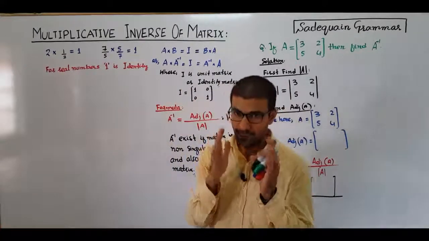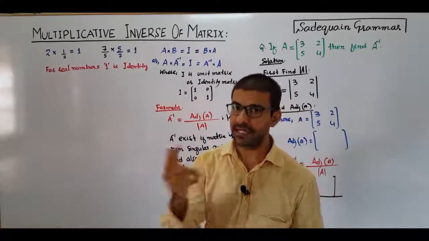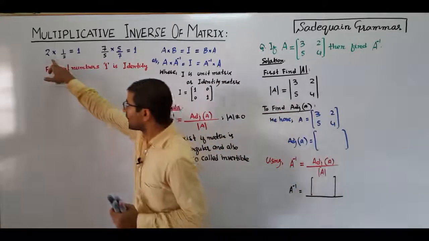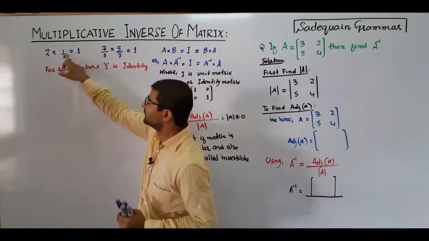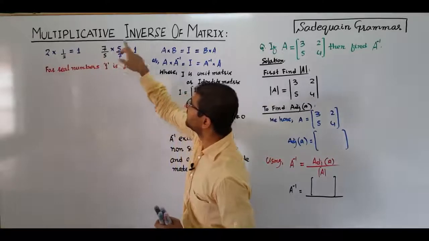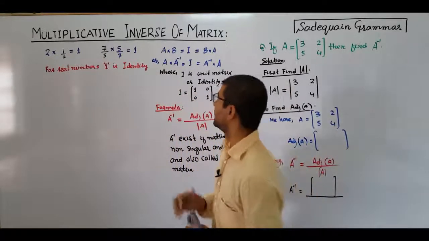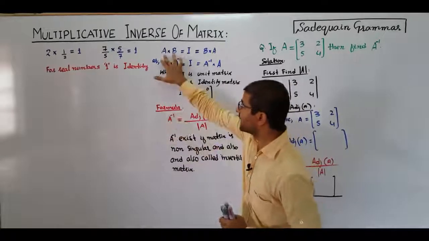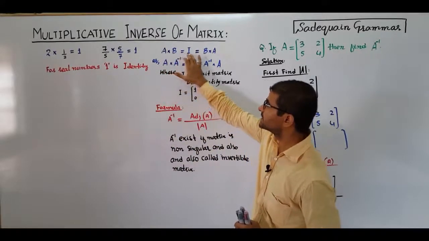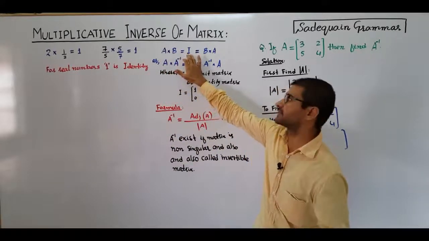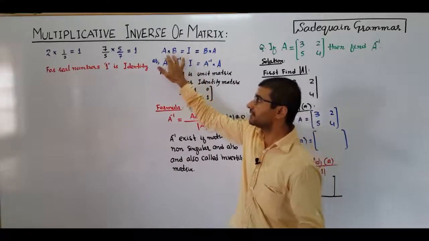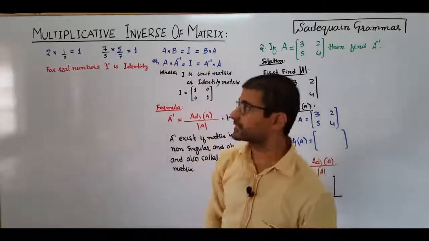Students, if the product of two numbers is equal to 1, then the numbers are called multiplicative inverse of each other in real numbers. In matrices, if the product of two matrices is equal to the identity matrix, then the matrices are called multiplicative inverse of each other.